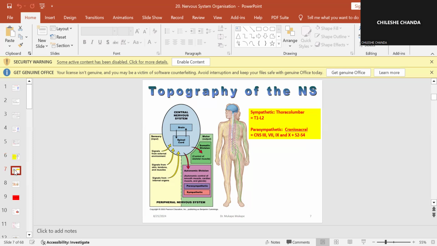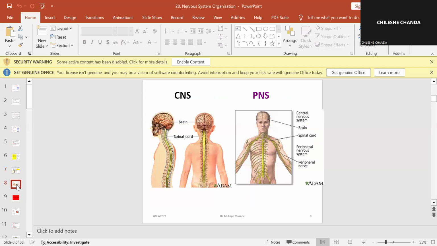Now, the other thing that you need to take note of is that the sympathetic and parasympathetic nervous systems come from somewhere. The nervous system is not just arranged anyhow. It is a well-organized system, okay?